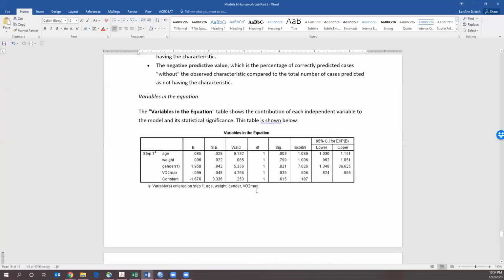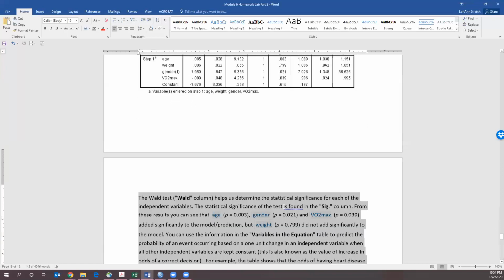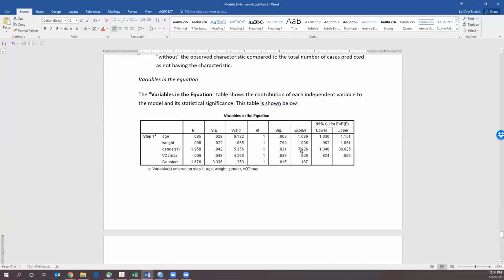Okay. This is where the 7.027 came from, this exponentiated coefficient right here. So I can say that the older you are, the likelihood of you getting heart disease is going to increase by 1.08.